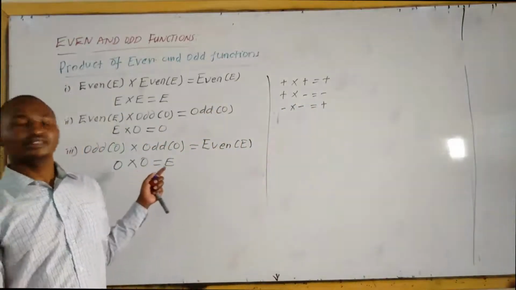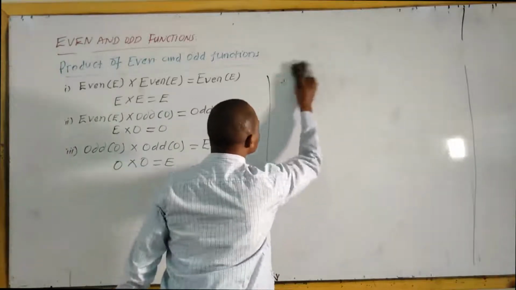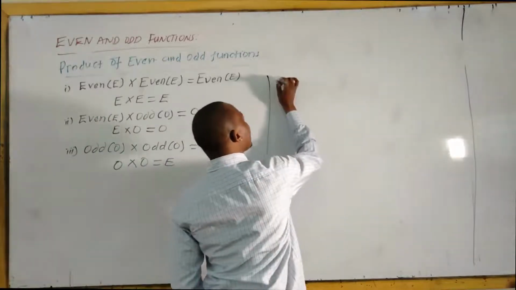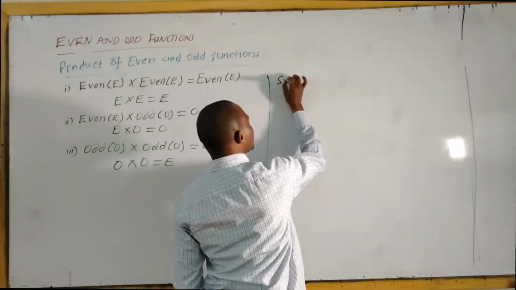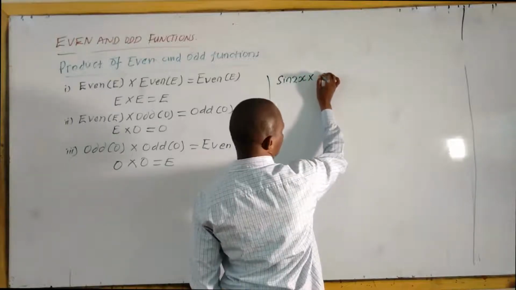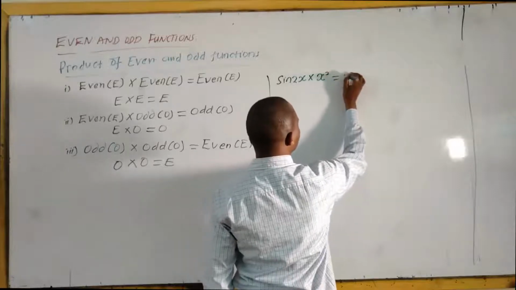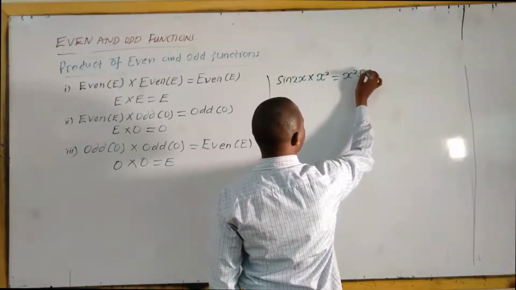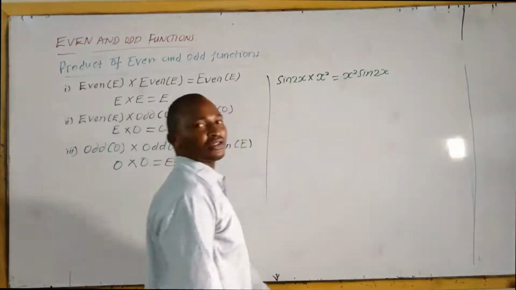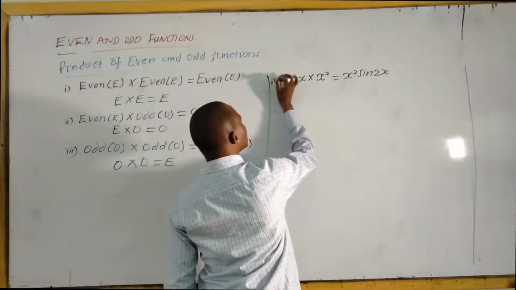Let us do a small exercise here. Let us say we multiply sin 2x and x squared, so that we get x squared sin 2x. Is that odd or even?